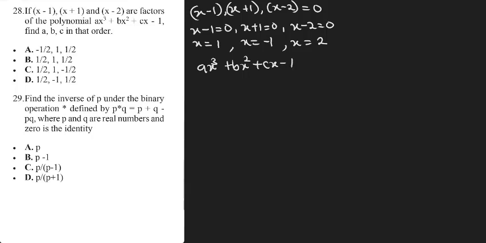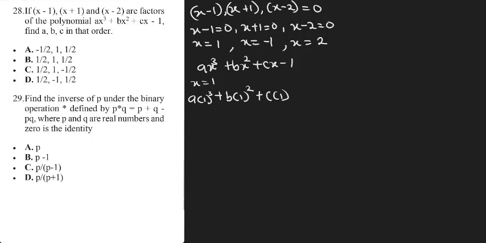So for all these values of x, we're going to substitute each of them into this equation. Starting with the first one, when x is 1, it's going to be a into 1 raised to power 3 plus b into 1 raised to power 2 plus c into 1.